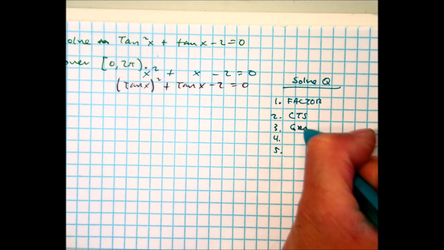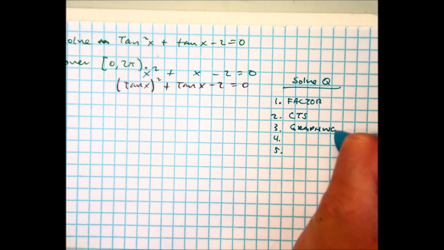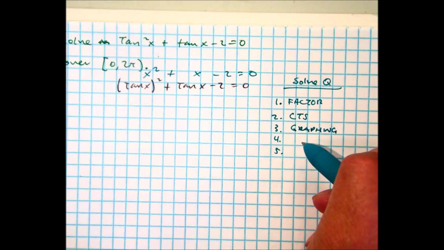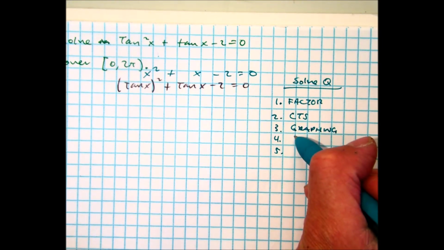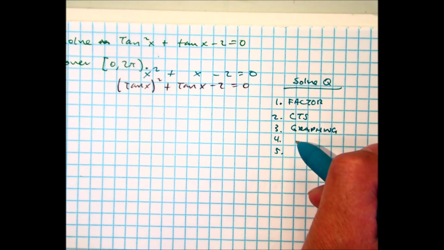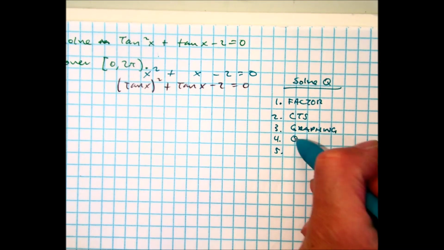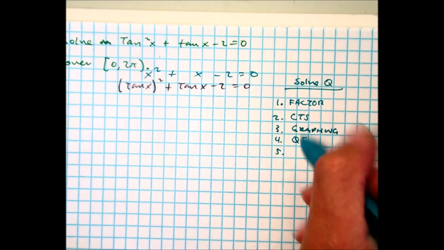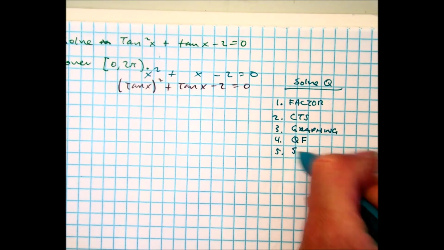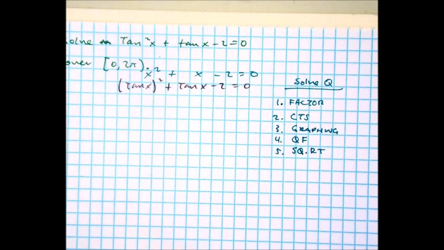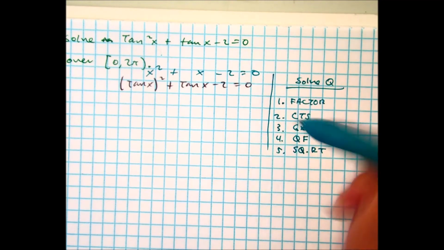Graphing. X equals negative b plus or minus. And the last one we did in the last problem is actually called the square root method. So here are multiple ways of solving quadratics.